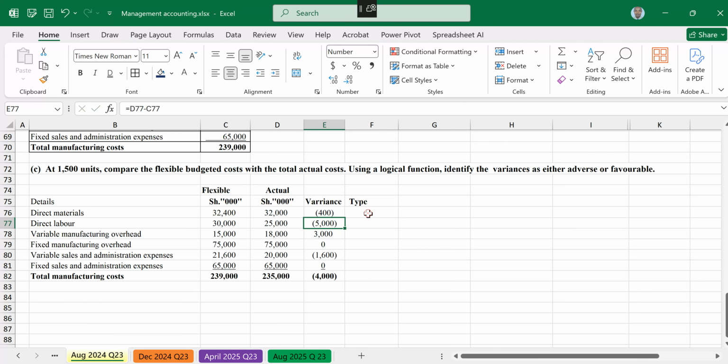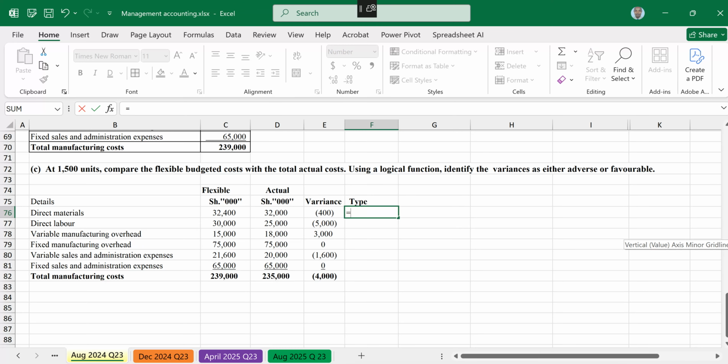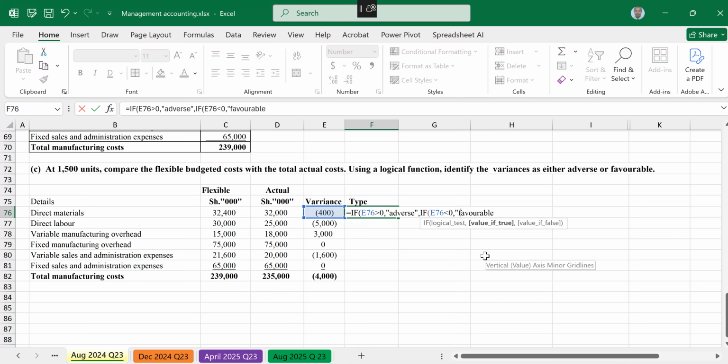Then the type of variance will be equal sign, IF, tab, if this variance here is greater than 0, comma, then in quotation marks, it's adverse. Remember, this is a cost, so it's adverse, comma. If, again, the same cell is less than 0, comma, then the answer will be favorable. If it is less than 0, it's favorable.